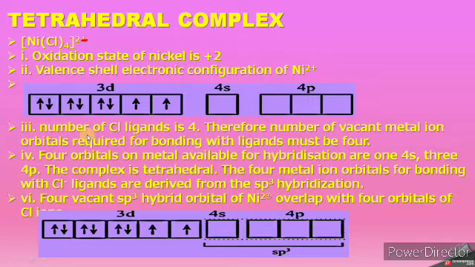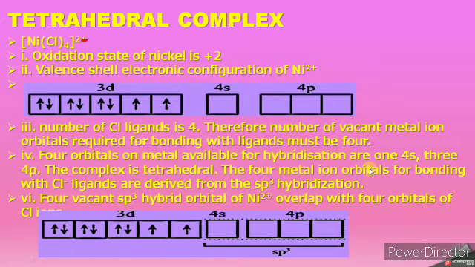As the number of chloride ligand is 4, there should be 4 vacant metal ion orbital for bonding with this chloride ligand. So here 4 orbitals are already available for hybridization, and they are 1 4s and 3 4p. The complex is tetrahedral.